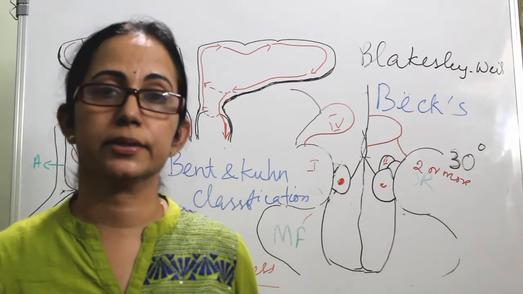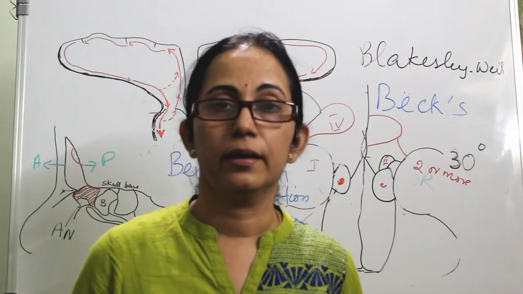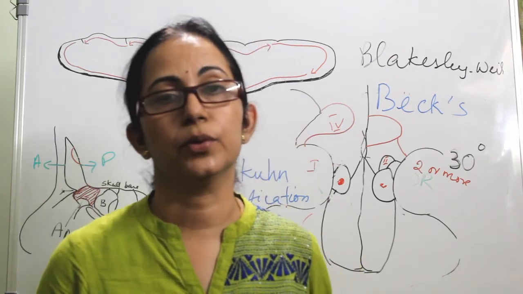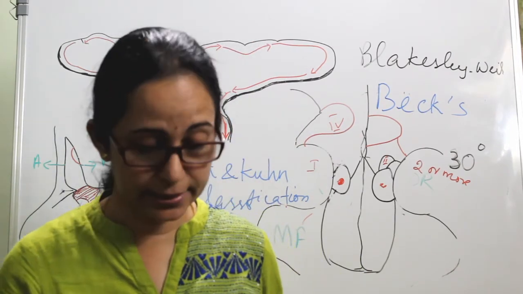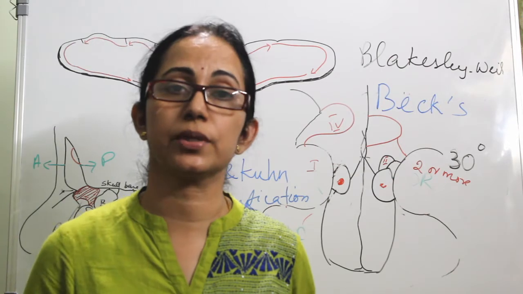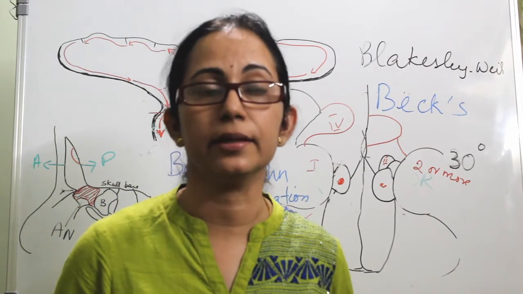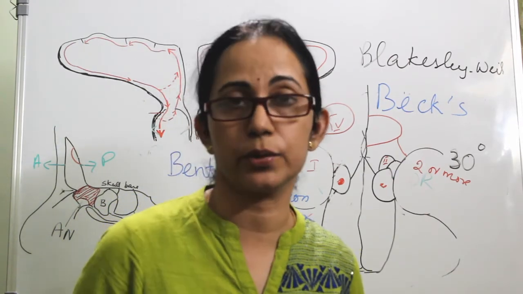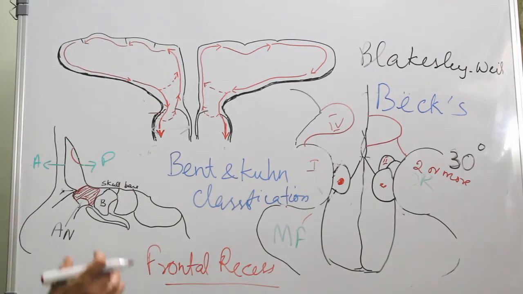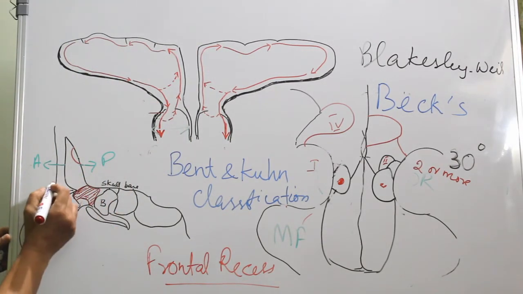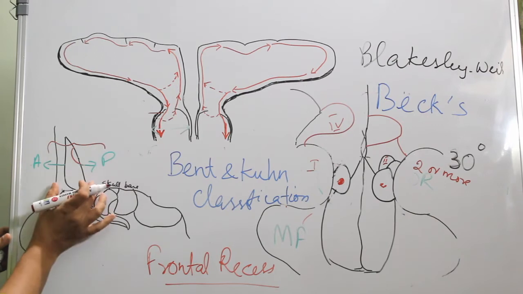Earlier I told you that the CT scan of the nose and paranasal sinus, that is in the axial, coronal and sagittal views, is very important or mandatory before you decide or plan an endoscopic sinus surgery. And in the sagittal plane you can get the antero-posterior distance.